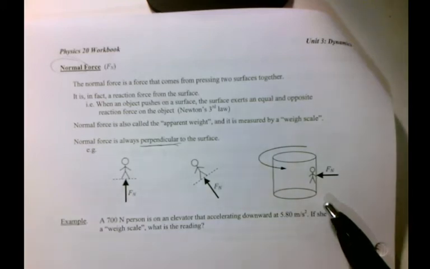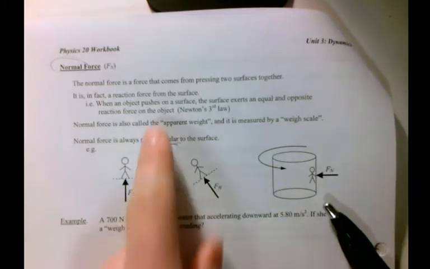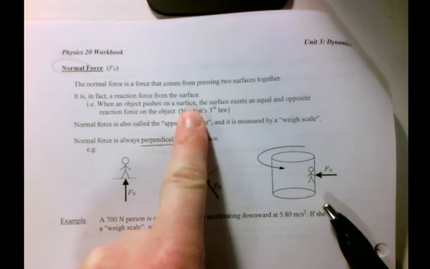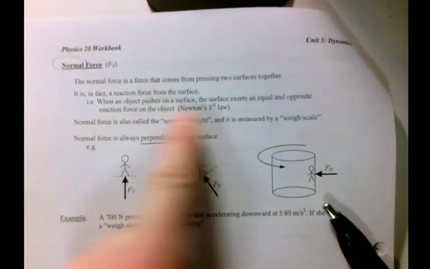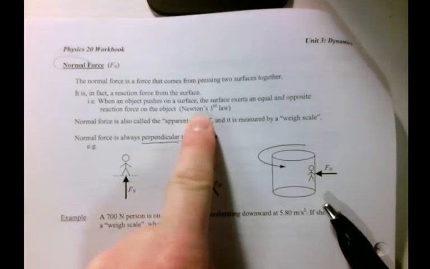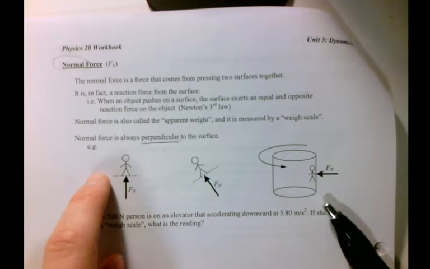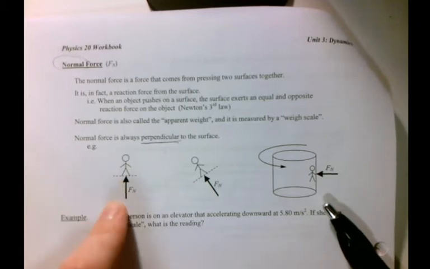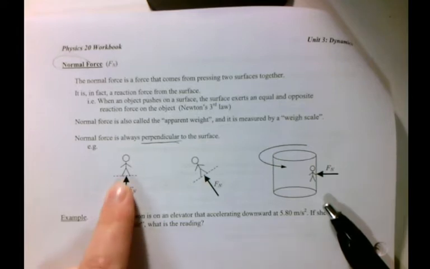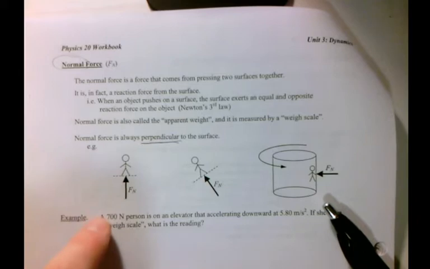So when an object pushes on a surface, it'll exert an equal and opposite reaction. So that comes from Newton's third law. So I'm pushing down on the earth with a force that's equal to my weight, or my gravitational force, and the ground will be pushing back up against me with equal but opposite force, because I'm not accelerating in this vertical direction.